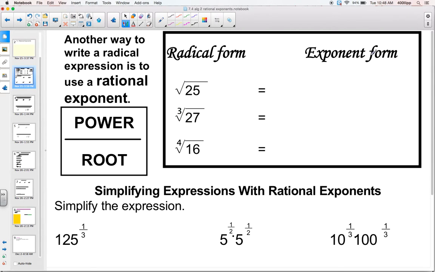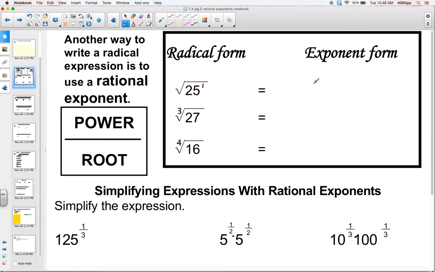The exponent form, in order to convert to exponent form, it's going to have an exponent. And in order to make it into exponent form, we're going to use power over root. So the power, we're going to look at whatever we have underneath the radical. In this case, it's a 25. And this has a power of just a 1, because if there's no exponent or no power written in, it's just a 1.